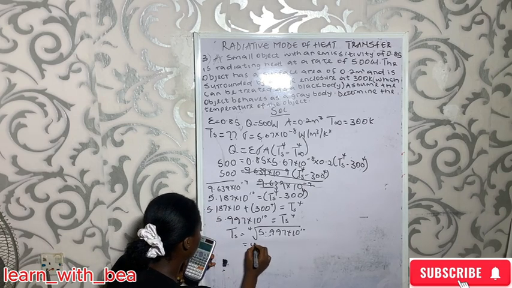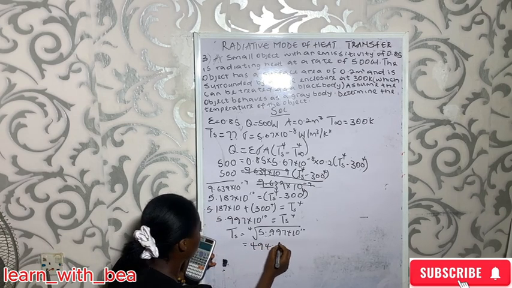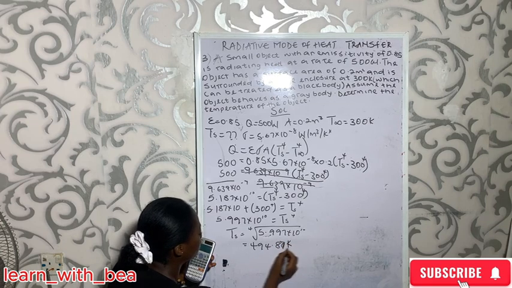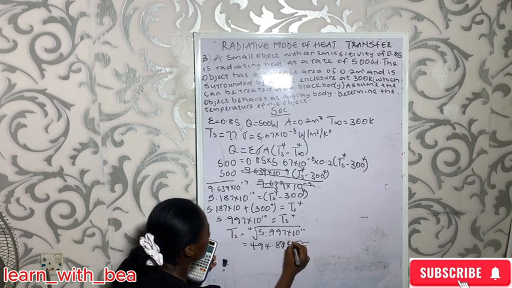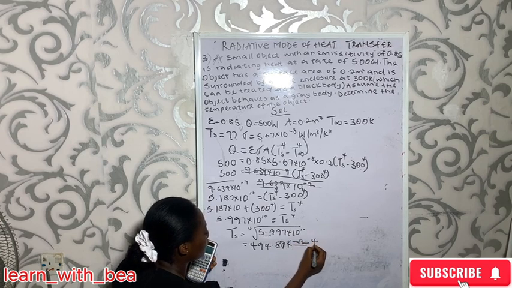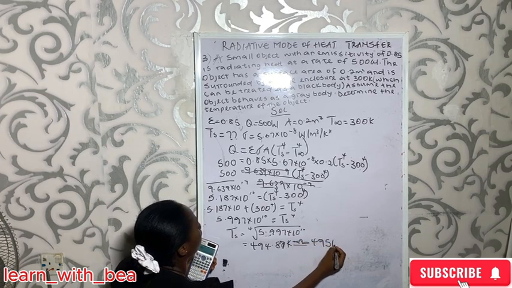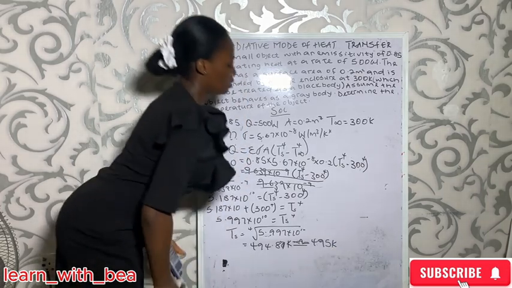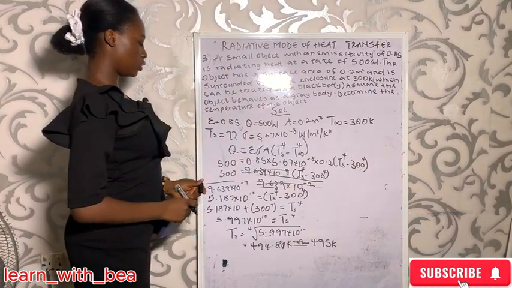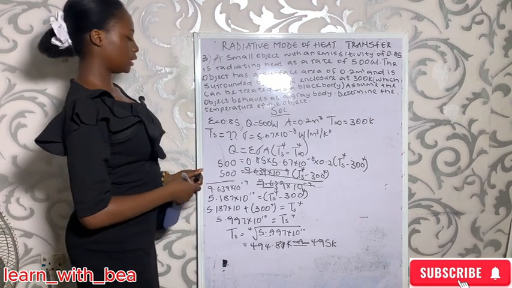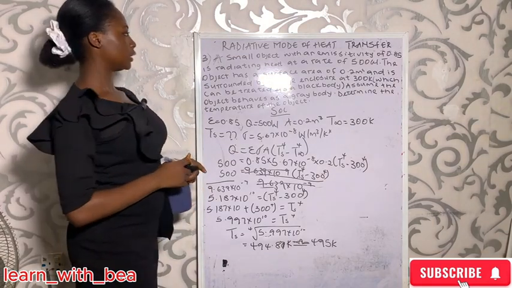So this is 494.87 Kelvin, approximately 495 Kelvin. So the temperature of the object is 495 Kelvin.